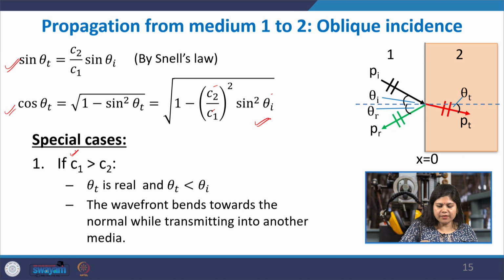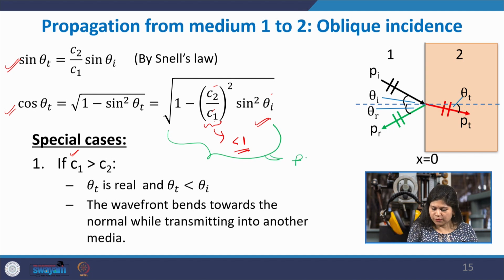As you see here, this term would always be less than 1, so the quantity inside the square root would always be positive.